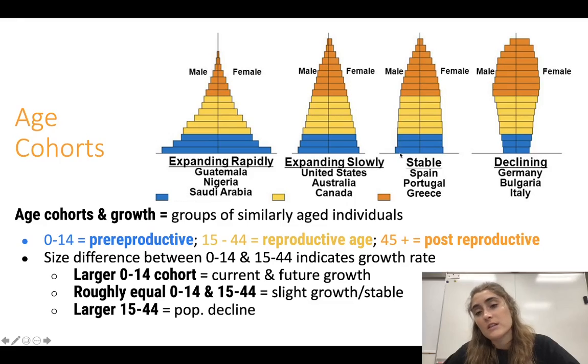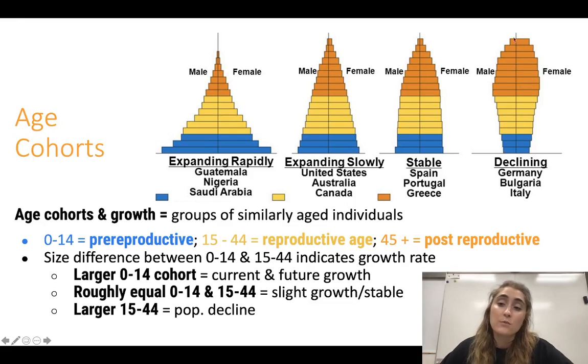And then in this one, you're seeing a stable population. This is basically replacement level fertility. The population isn't growing very much. It's remaining pretty stable. These individuals will replace these individuals, and likely birth trends will remain the same unless something happens within that country.